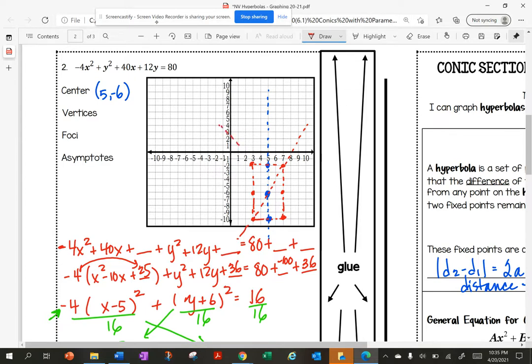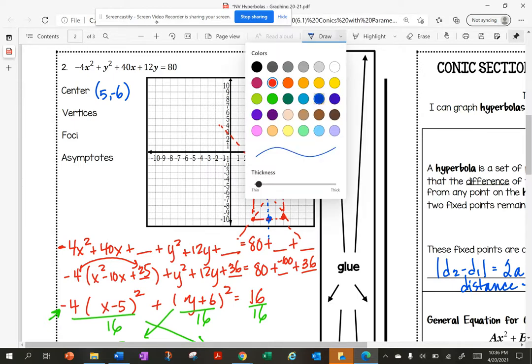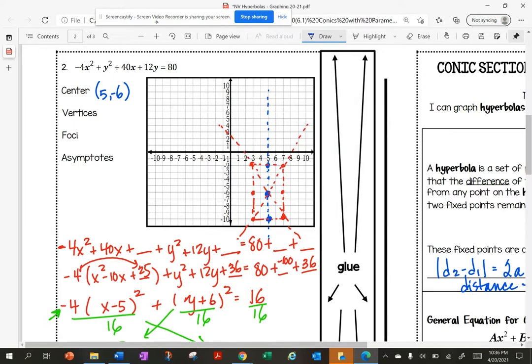These are going to be the guiding lines for my hyperbola. So my vertices, we said, are at 5, negative 2, and 5, negative 10.